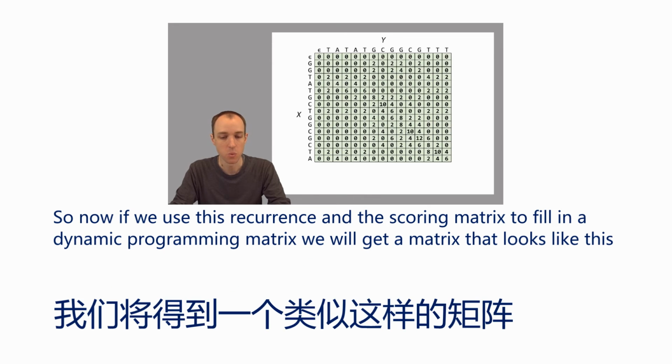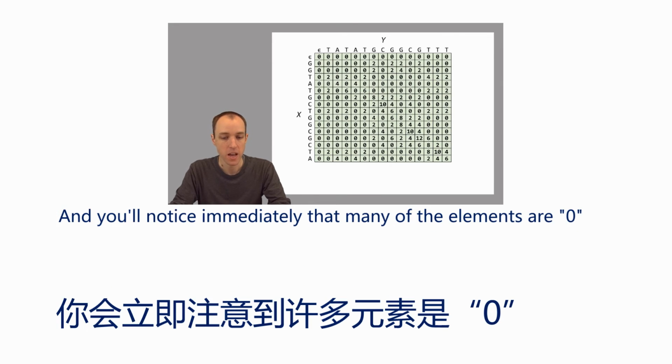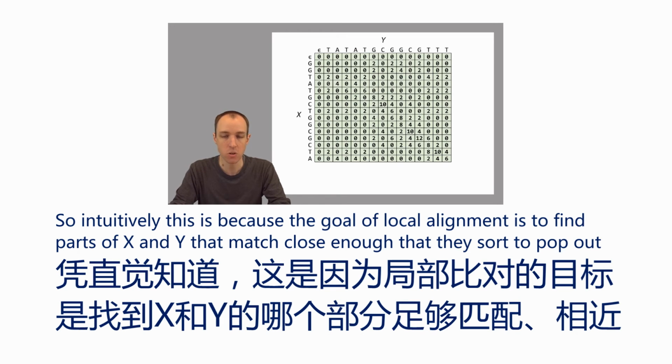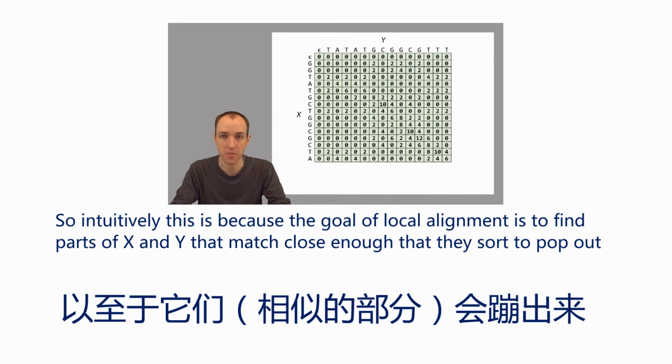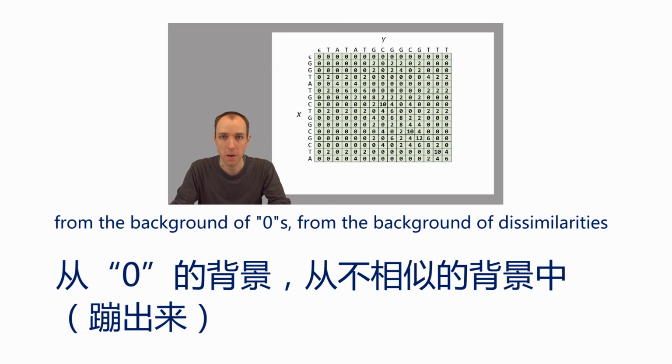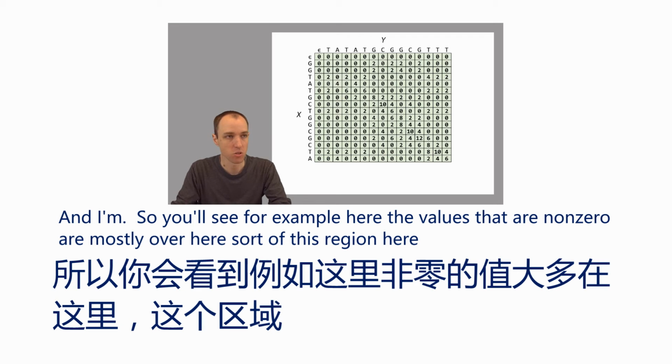So now if we use this recurrence and this scoring matrix to fill in a dynamic programming matrix, we'll get a matrix that looks like this. And you'll notice immediately that many of the elements are 0. So intuitively, this is because the goal of local alignment is to find parts of x and y that match closely enough that they sort of pop out from the background of zeros, from the background of dissimilarities. And so you'll see, for example, here, the values that are non-zero are mostly over here, sort of in this region here.